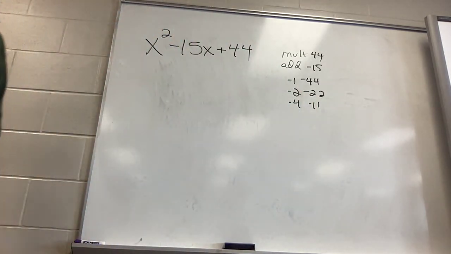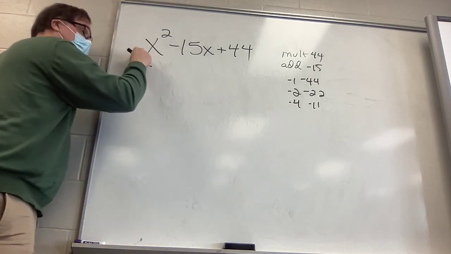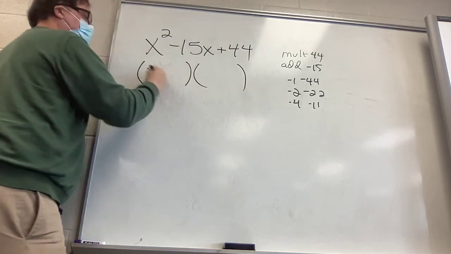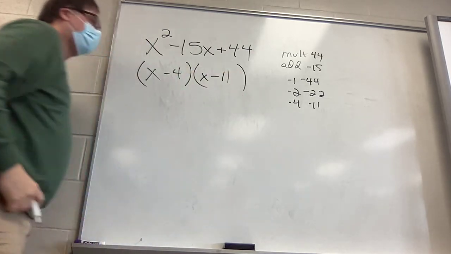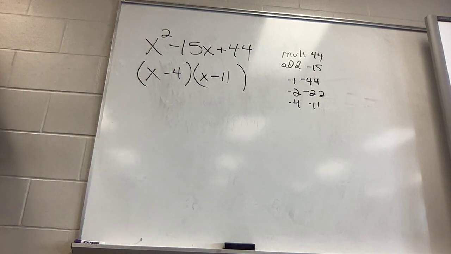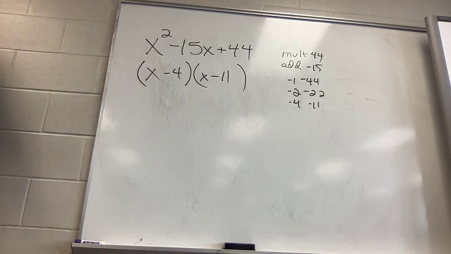Negative 4 times negative 11 does multiply to be positive 44, does add to be negative 15. When there is a 1 as your leading coefficient, you may just jump to the answer and write x minus 4, x minus 11. X is not a square, so you cannot go any further.